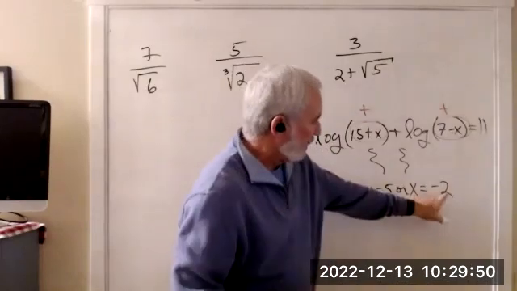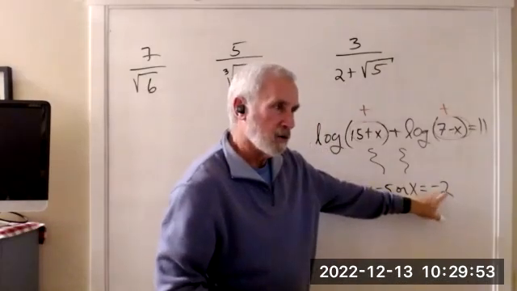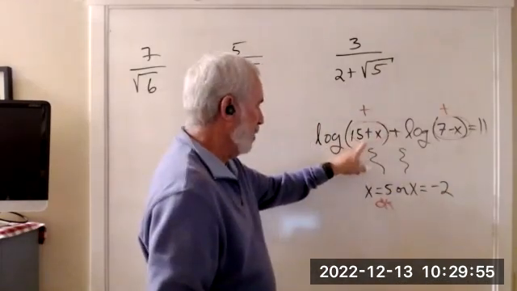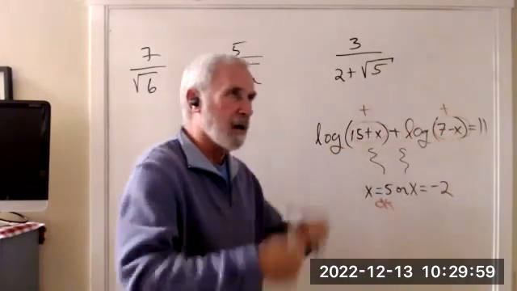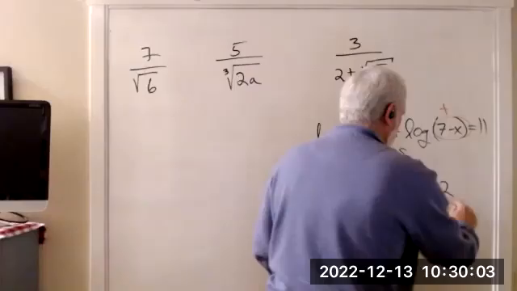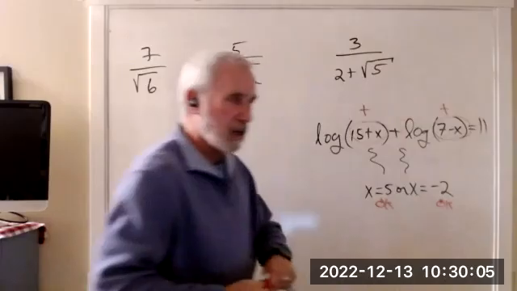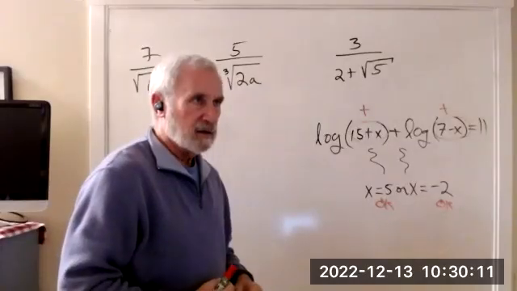If I take -2 and plug it here or here, is the inside quantity positive? Yeah, they both are. Then -2 is okay. That's all you have to check, the inside of the parentheses.